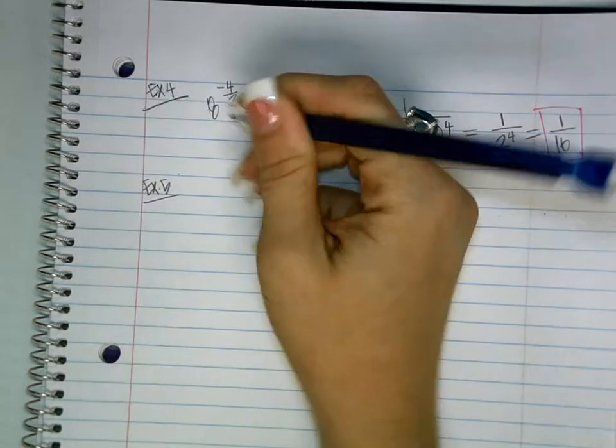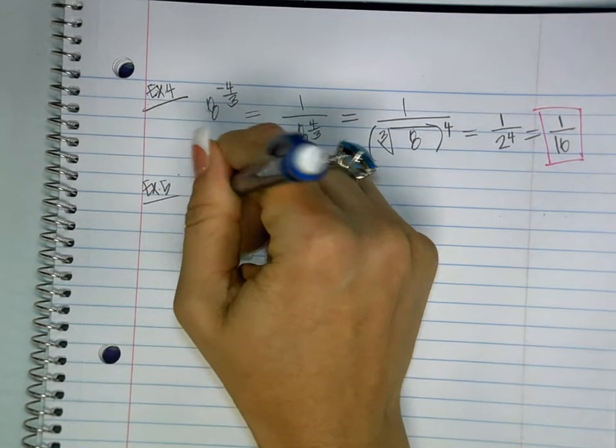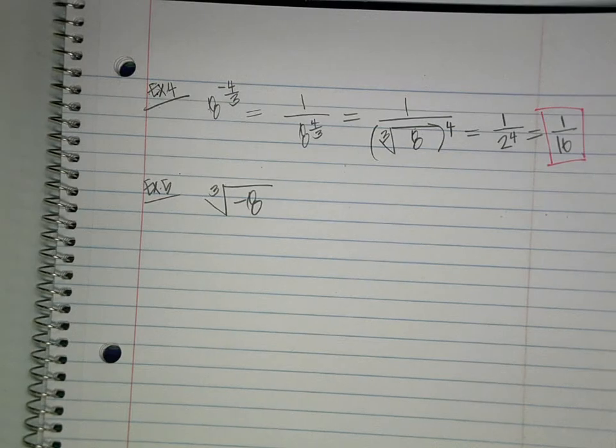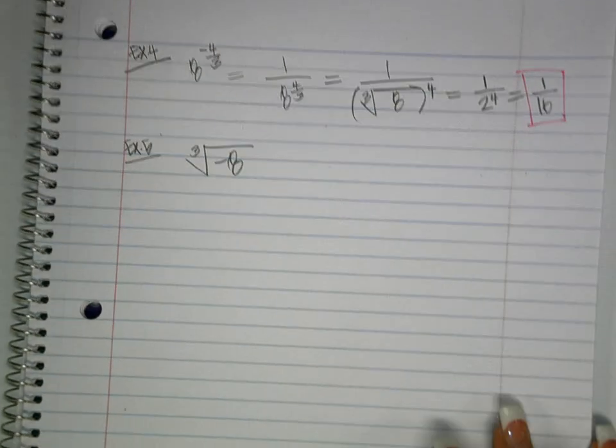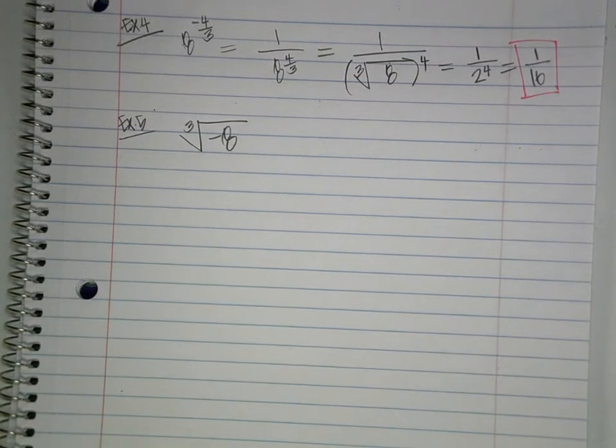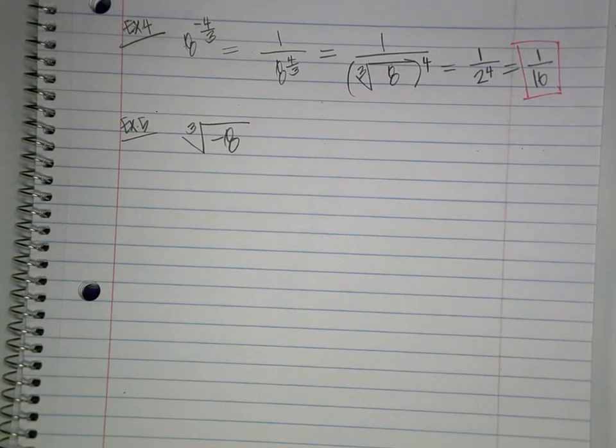I want you to evaluate the cube root of negative 8. Now, do you think this is going to have anything to do with i's? Yes. No. Okay? We only use i's if it is the square root of something.